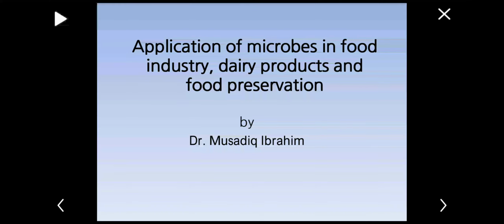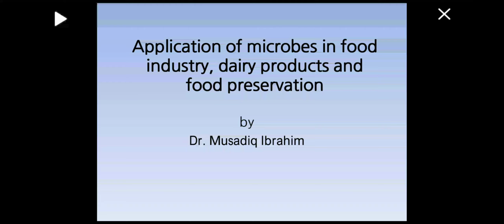Okay, students. So today the topic is about the applications of microbes in the food industry, dairy products, and food preservation. As we have been studying, the fermentation process is used for the production of valuable products, which are produced as primary metabolites or secondary metabolites of the microorganisms.